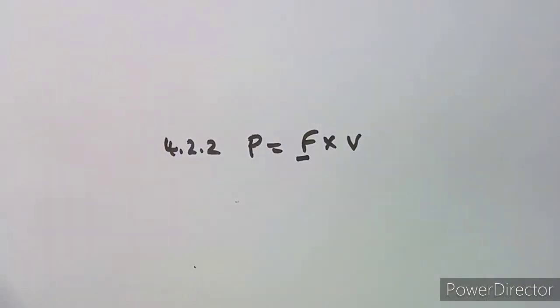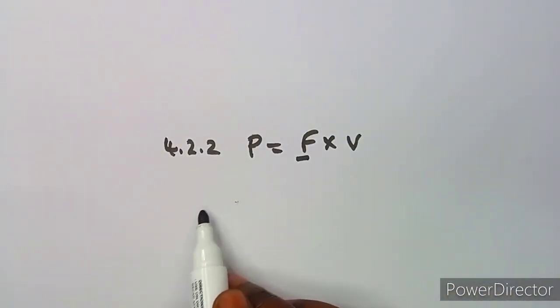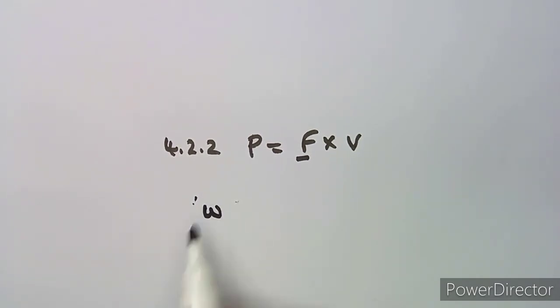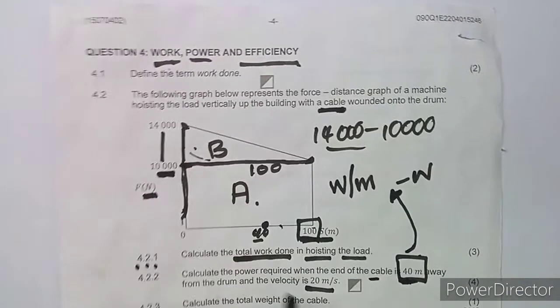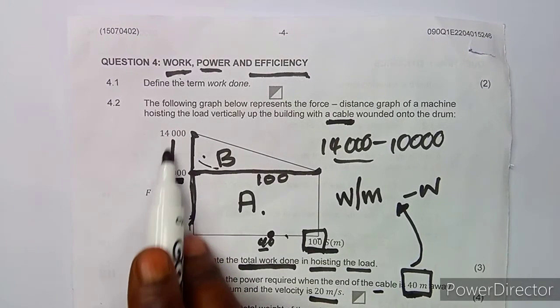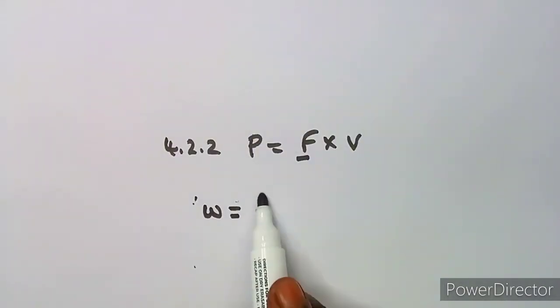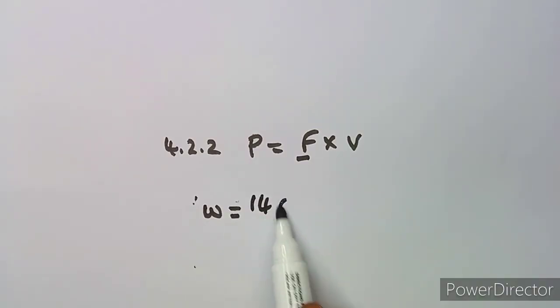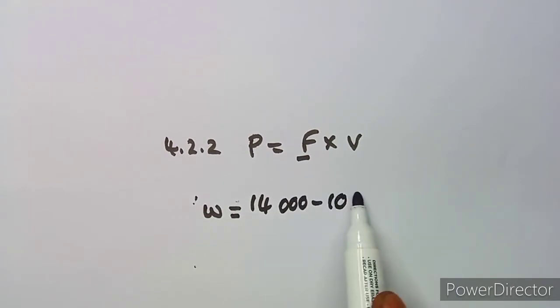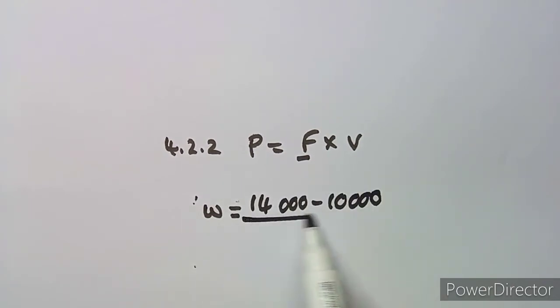So how are we going to find this? We know the weight per meter that you want to calculate is equivalent to the difference between the two forces, which is 14,000 minus 10,000, over the distance which was used before.